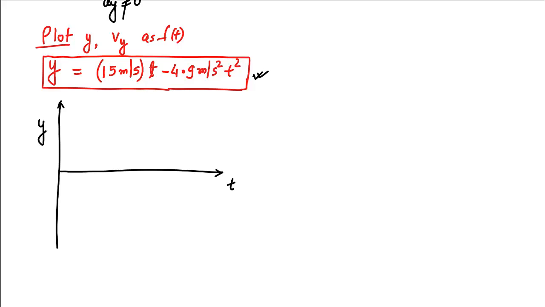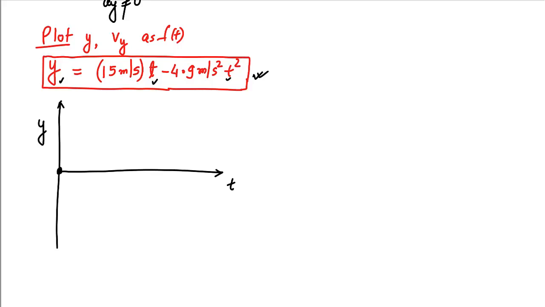Basically you can plot by taking different values of t and calculating different values of y. So what you have to do? You have to plug in the values of t and calculate the values of y, and then you can plot the graph. For example, if you put t equals 0, y is equal to 0. And then you can also find the value of y at other times, and then you can plot this graph.